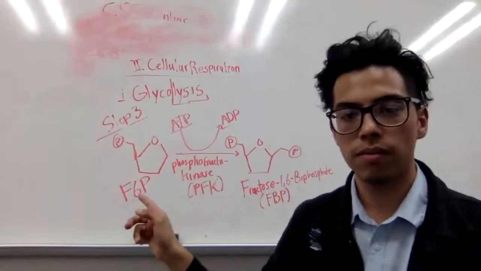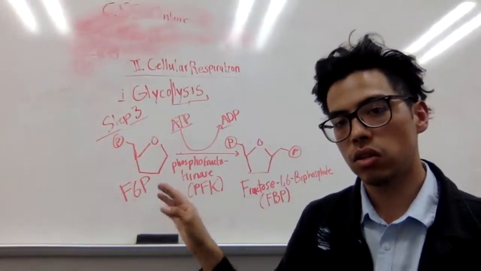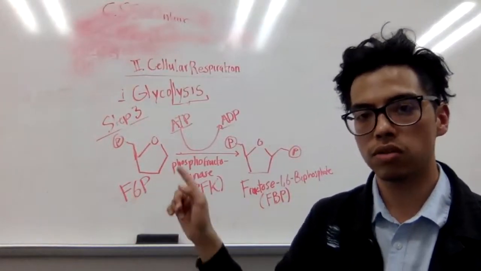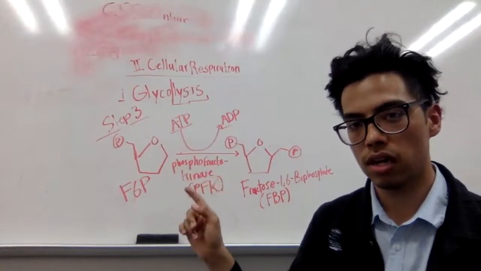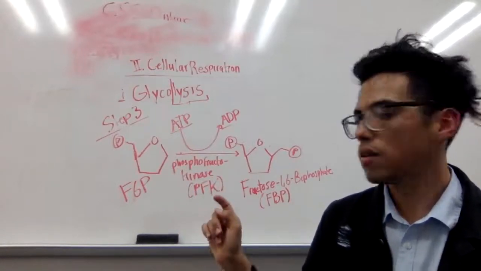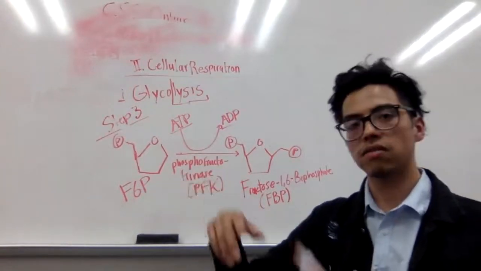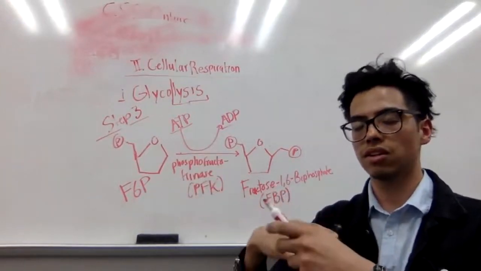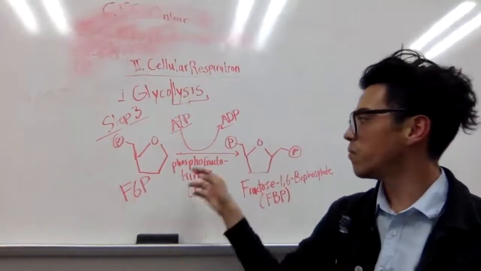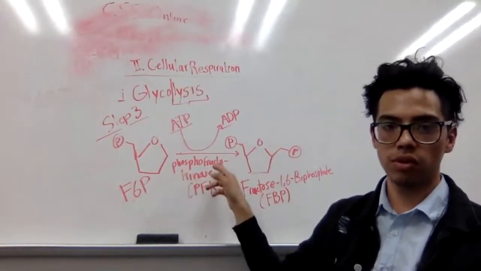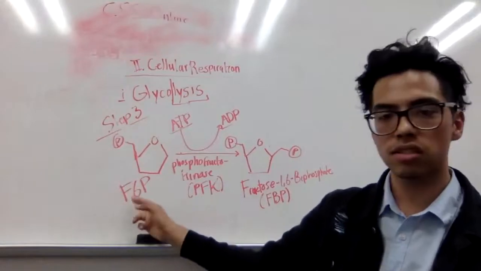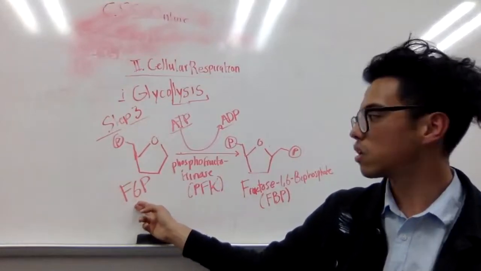Fructose 6-phosphate. Now, the enzyme that's going to use this molecule and convert it to something else is phosphofructokinase. So PFK. Remember, kinase is an enzyme that gives a phosphate group to a phosphorylated fructose. And that's what this is, right? This is a phosphorylated fructose molecule.